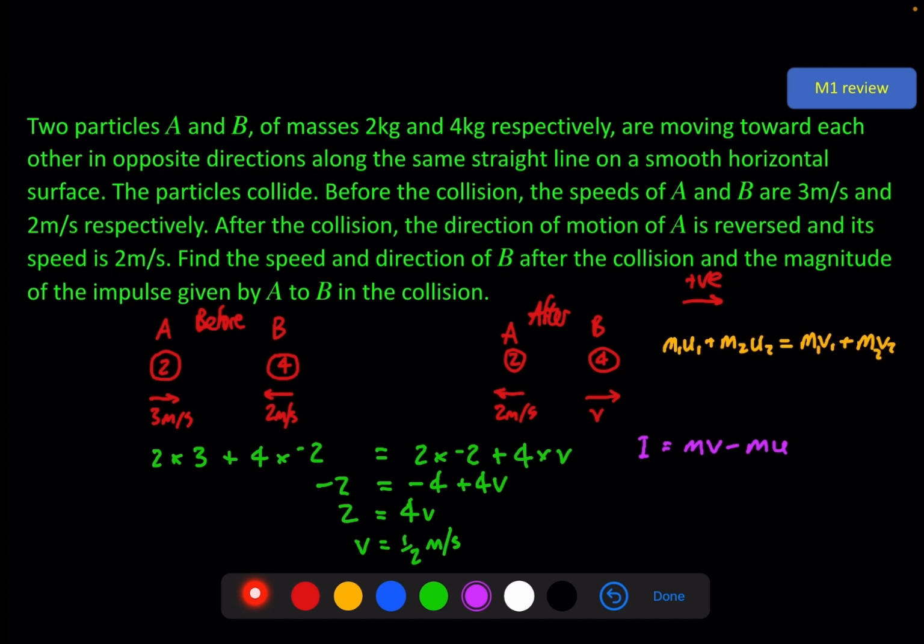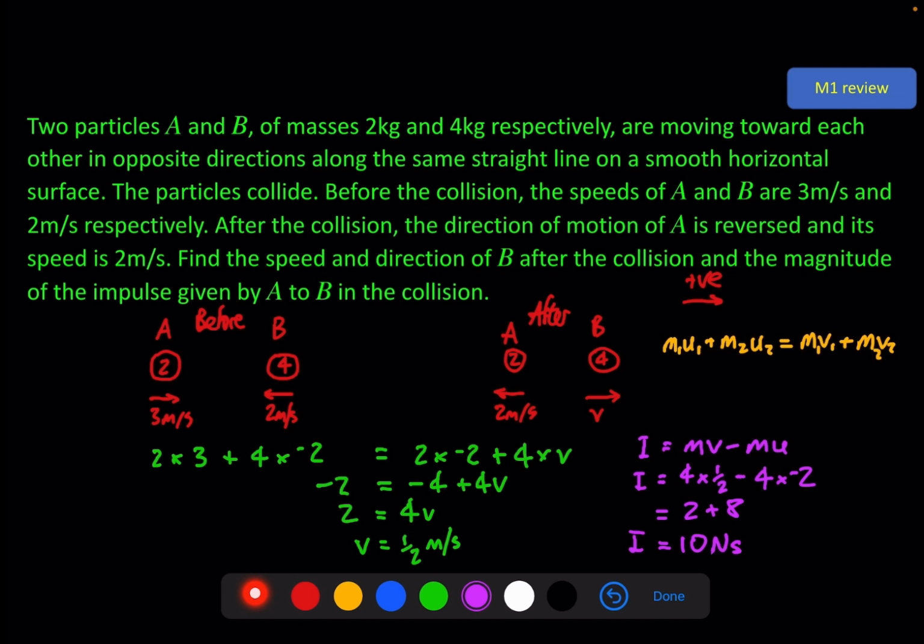So if I apply that to particle B, mass times velocity after the impact, 4 times 1/2, minus mass 4 times velocity minus 2, because again I'm using positive this direction, gives me 2 plus 8 is 10 Newton seconds for the impulse given by A to B.